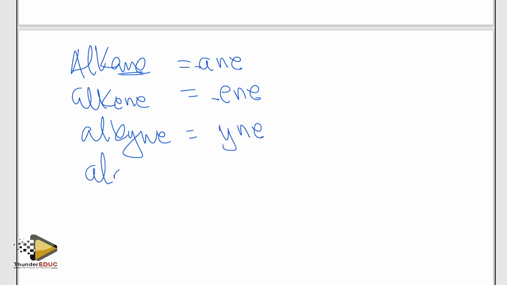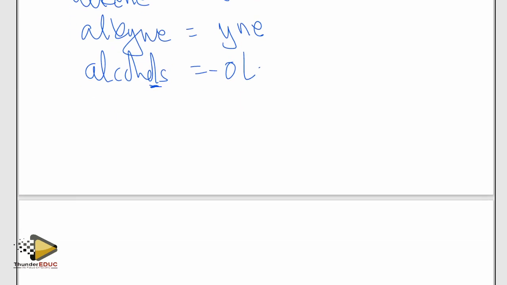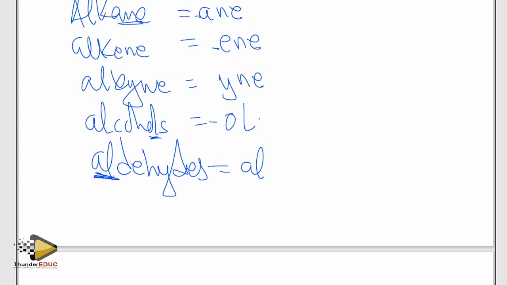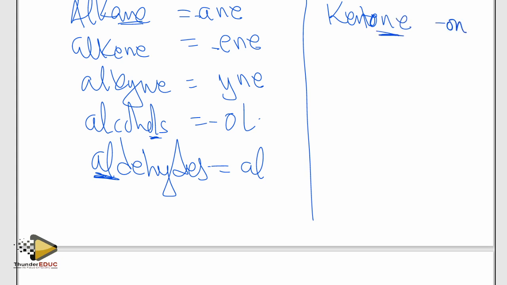Then we have alcohols, whose suffix is ol. Then aldehydes, whose suffix is al. Then the ketones, whose suffix is one.